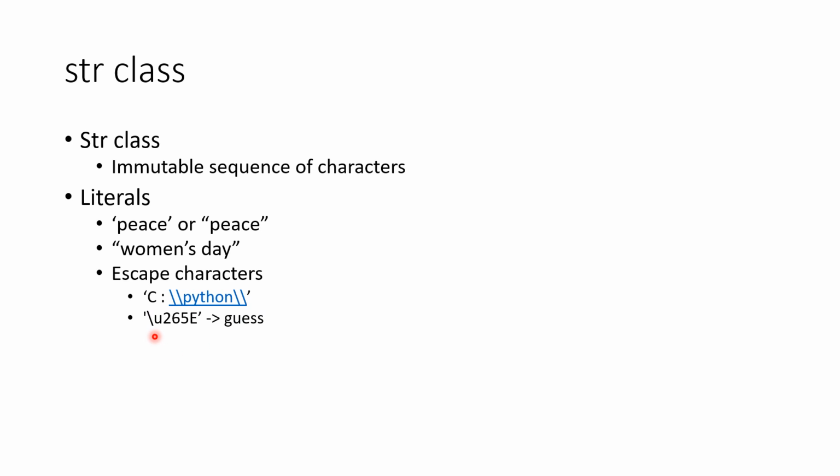Then we can also use Unicode. If you know the Unicode of a particular symbol, then we can represent it, and the corresponding symbol will be printed. I've given one Unicode. If you know, you can try to guess what that particular Unicode is, or else we can discuss it later.